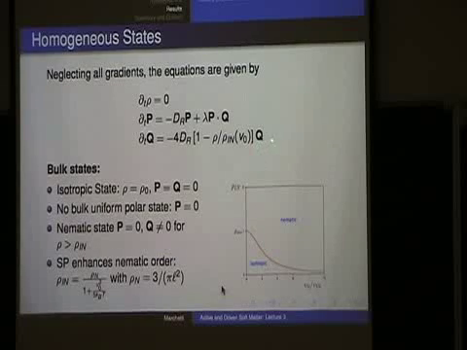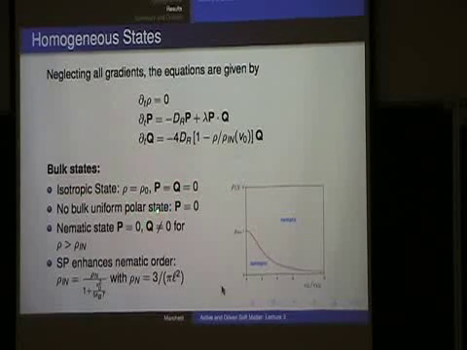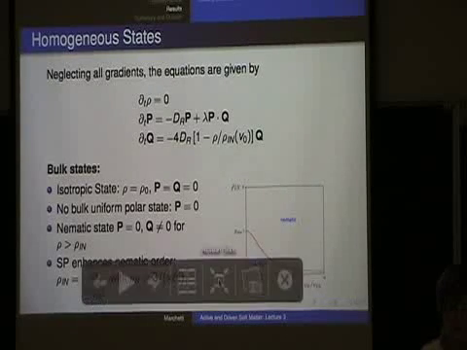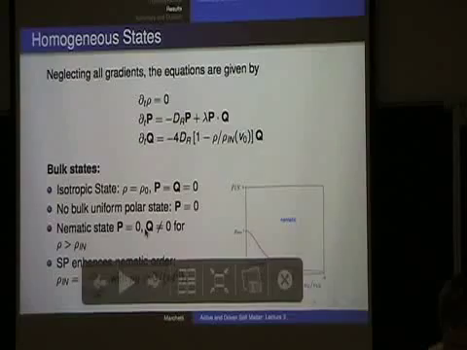The steady state solutions of these equations are an isotropic state of constant density and zero P and Q. No polar state, P is always zero in a uniform system, and there is a nematic state. Self-propulsion enhances nematic order by lowering the isotropic-nematic transition according to this formula given here. And this is actually an effect that has been seen.